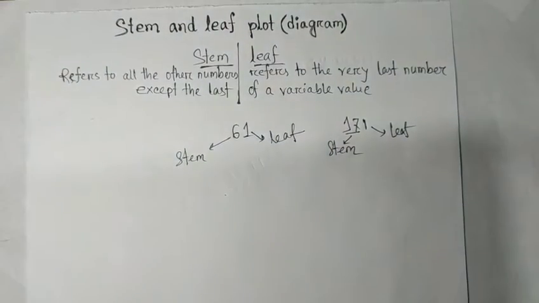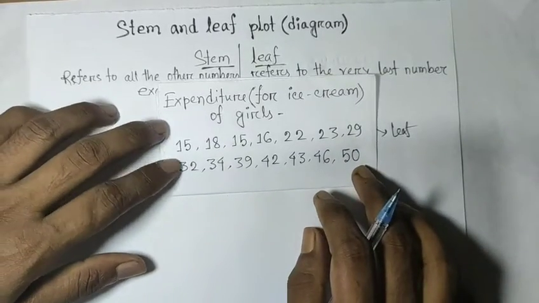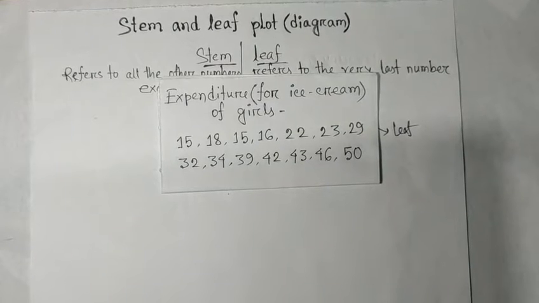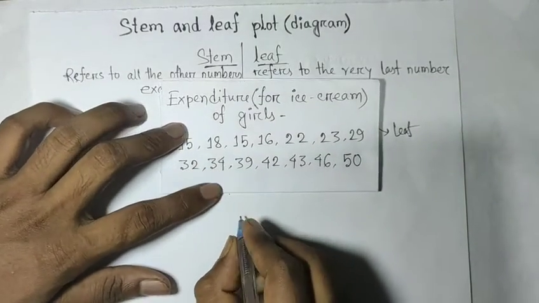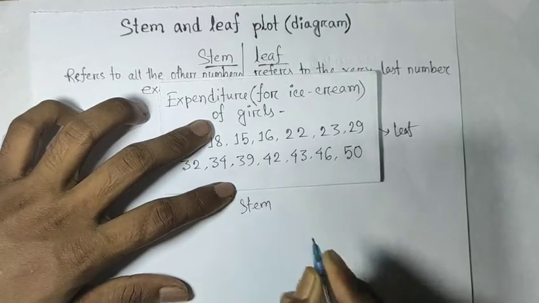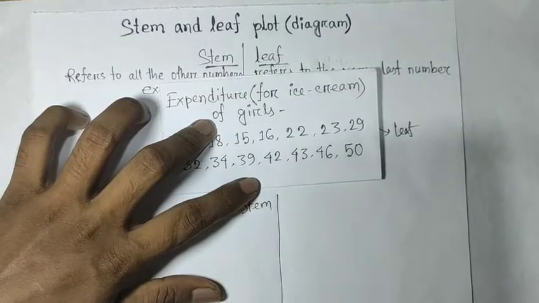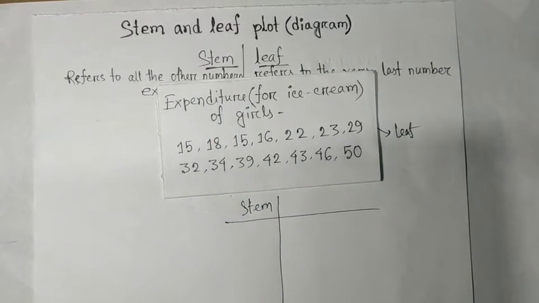So now let's take some data and make a stem and leaf plot. So here is data of expenditure of girls for ice cream. This is the daily expenditure of girls for ice cream. The stem will be written in the center with a vertical line beside it. And as we know, stem refers to all the other numbers except the very last number.